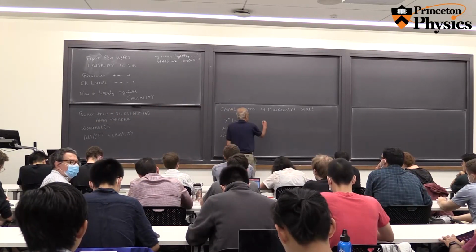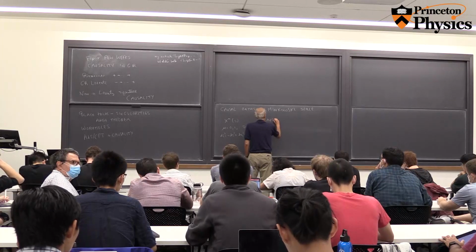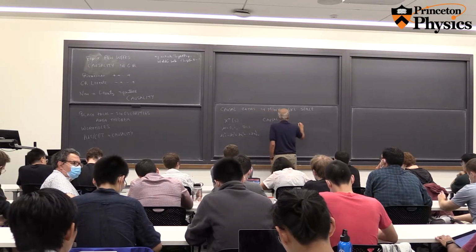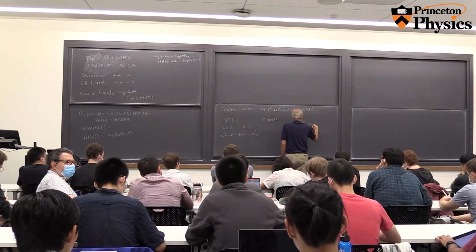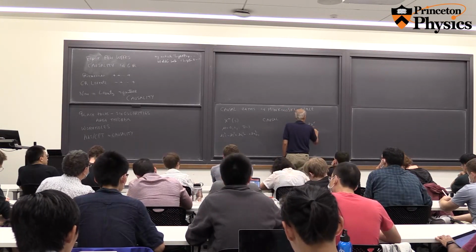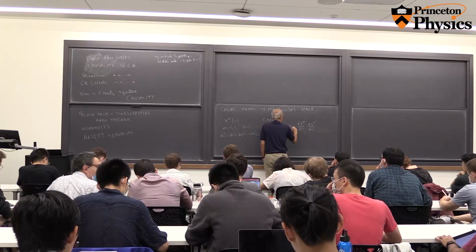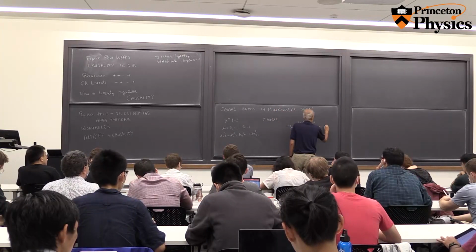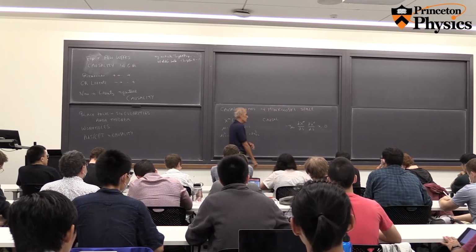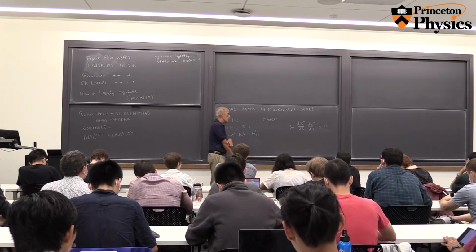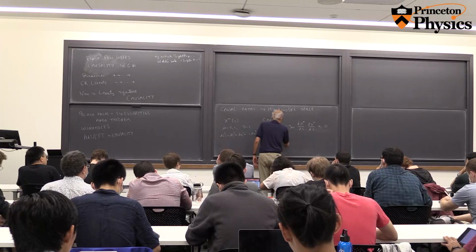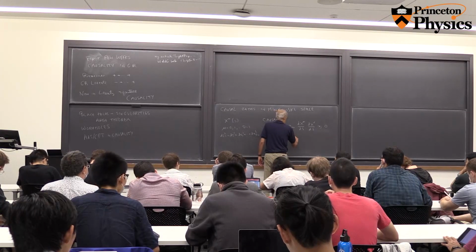A path is causal if its tangent vector is everywhere time-like or null. If so, we can always orient the path to make it future-directed.